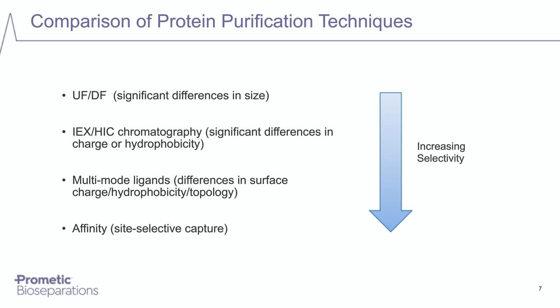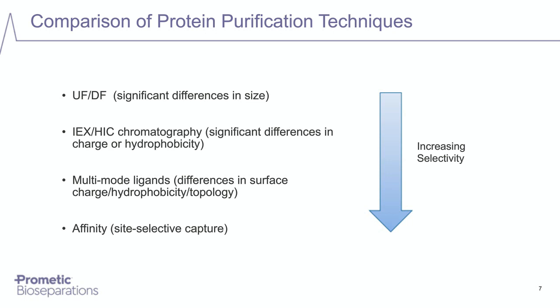In more recent times, there's been a move towards the introduction of other sorts of ligands that go by a whole variety of different names, but they're commonly referred to as multi-mode ligands. And these are small, simple ligands that generally combine charge and hydrophobic properties. And these are able to interact and differentiate proteins on the basis of their surface charge and surface hydrophobicity and the spatial relationship between those charge and hydrophobic groups.